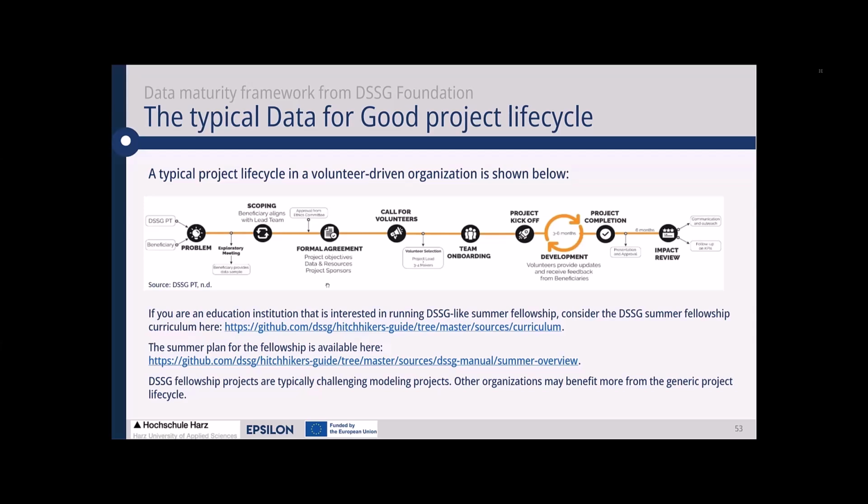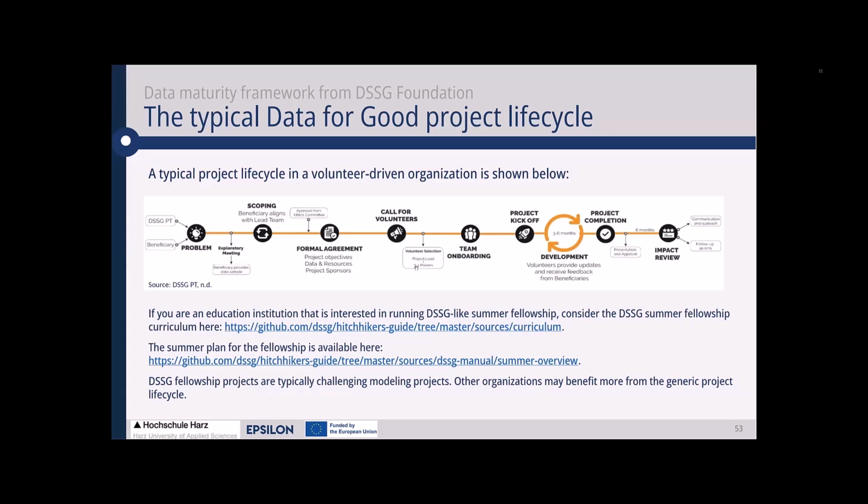So based on the formal agreement, the initiative, like DSSG Portugal, starts looking for or recruiting volunteers. So typically they are organized in an informal way via, for instance, a Slack channel or another chat group, and they call for volunteers and ask who has time and who has the capabilities that are needed in order to fulfill the formal agreement.